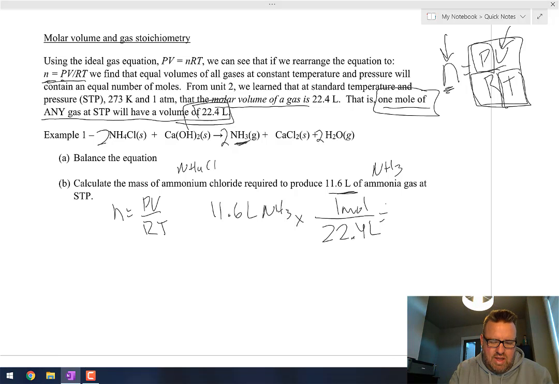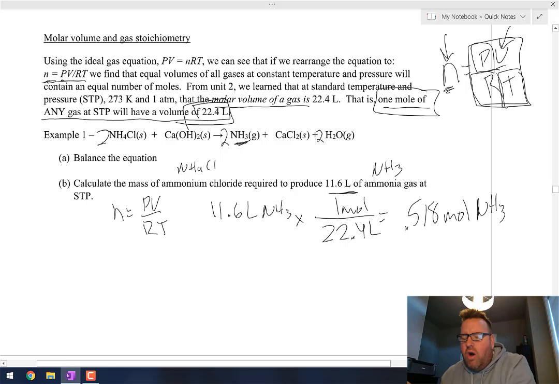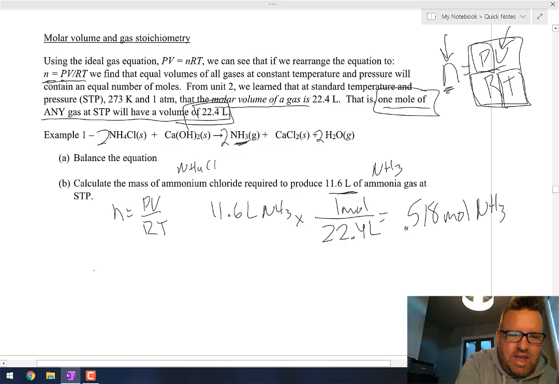Now I just take 11.6, I divide by 22.4, and I get 0.518 moles of NH3. And now, guess what? It's just like I took grams and converted to moles. It's just like I took the concentration and the volume and converted it to moles. Now I have the moles of NH3.